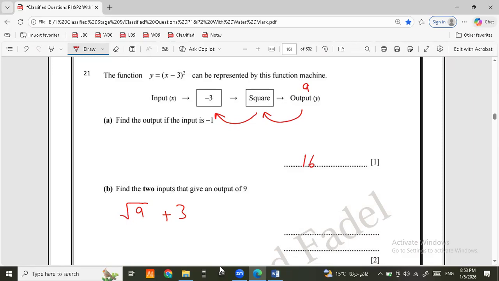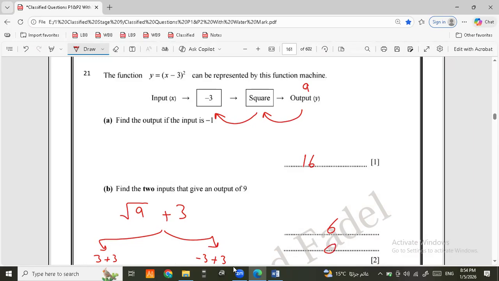Well, what is the square root of 9? Square root of 9 can actually be either positive 3 or negative 3, we agreed before that square root has 2 answers. So I can say here positive 3 plus 3. Or square root of 9 can be negative 3 plus 3. In this case, the input is 6. In this case, the input is 0.